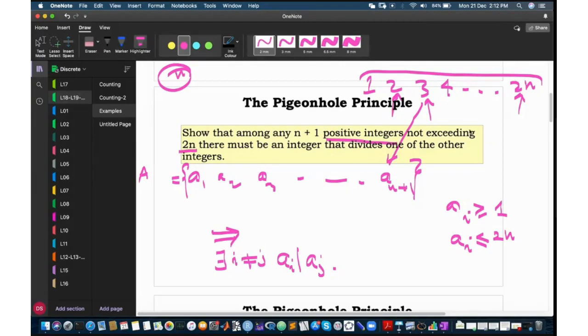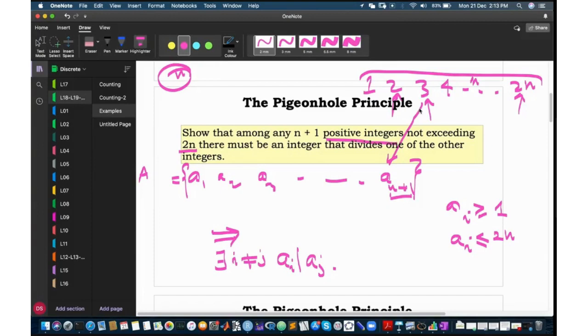Actually more than half of them. n+1 integers. It means that from the first n integers, at least one integer will definitely be with you. And so is true about the last n integers.